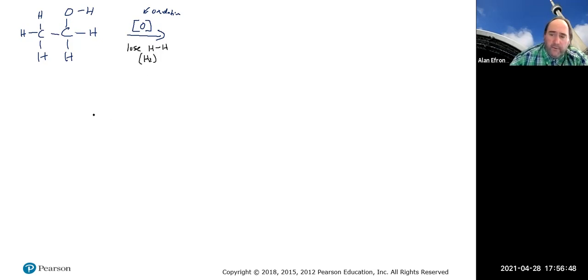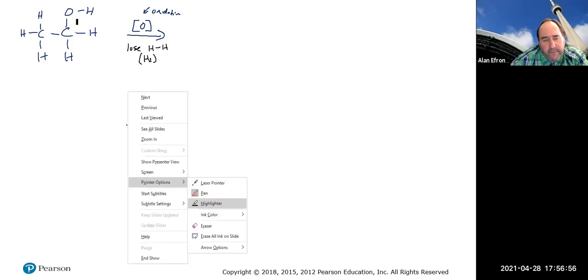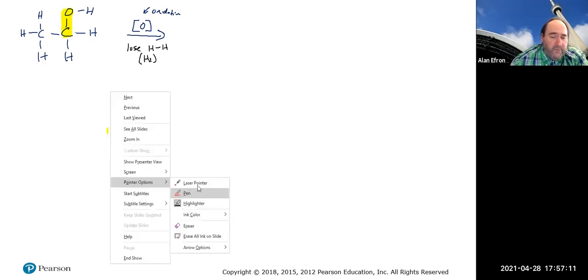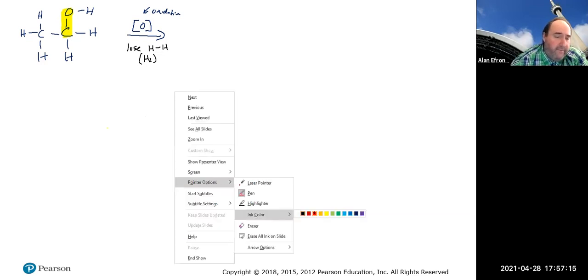So where do the H's come from? When we're dealing with alcohols and these oxidation reactions, the most important part of the molecule is the carbon-oxygen bond. So it's all about the carbon-oxygen bond. When we go through an oxidation reaction involving an alcohol, we always lose the hydrogen off of the OH group.